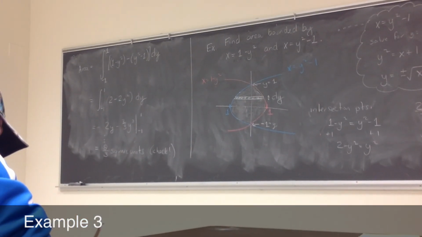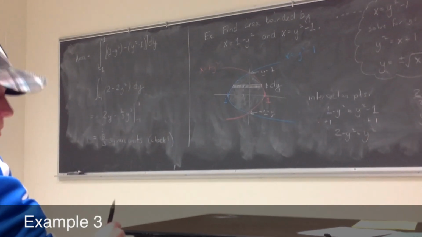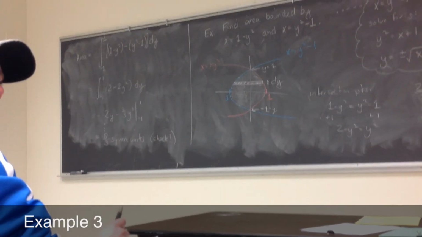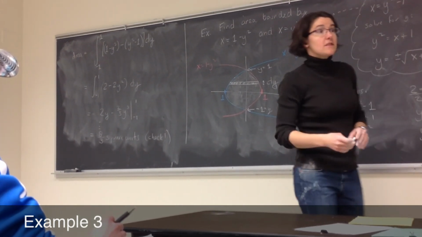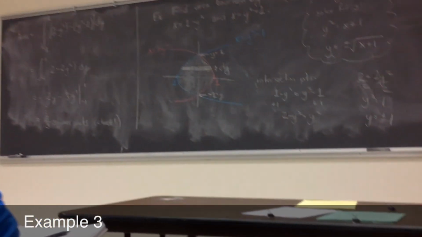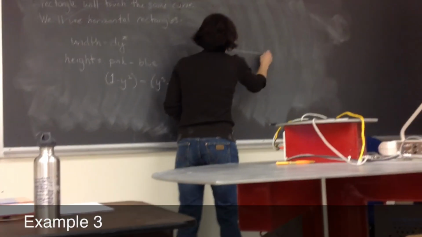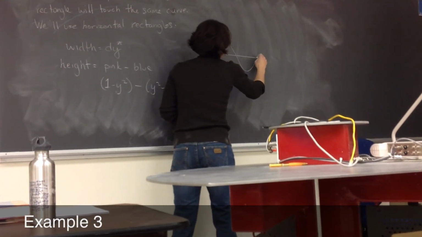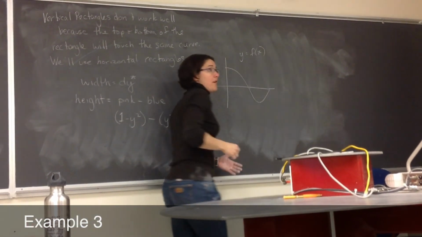Okay, are there any questions about that? Student: Usually, the area below the x-axis is negative, but in this problem it's not, right? That's exactly right. So that idea of area below the x-axis being negative comes from this: let's say that this is our function y equals f of x.